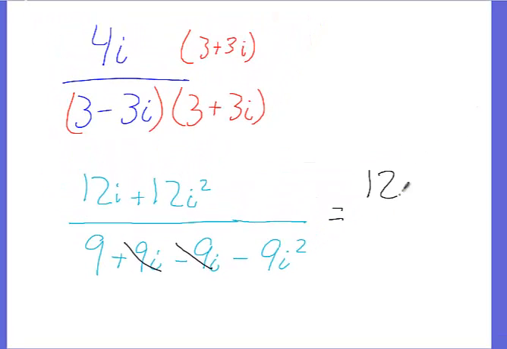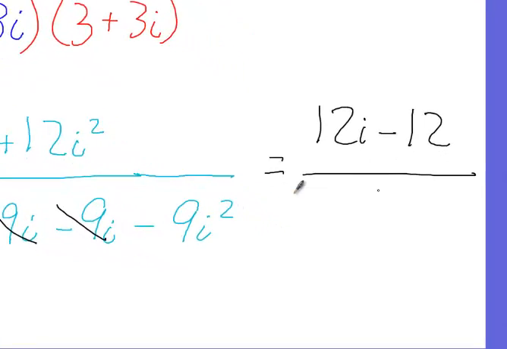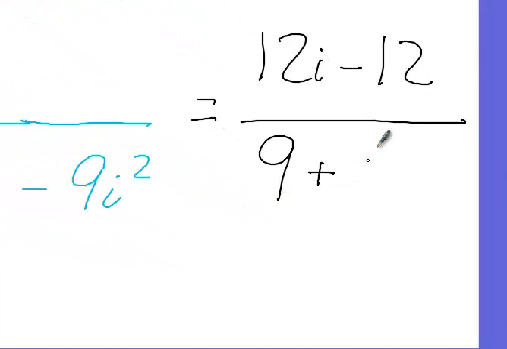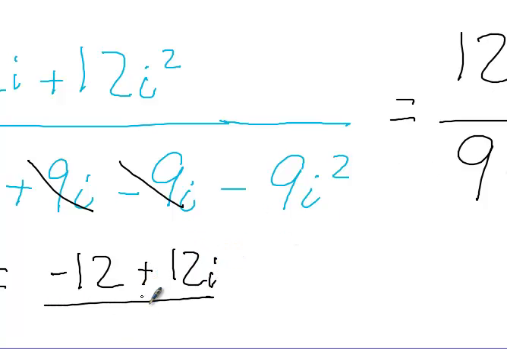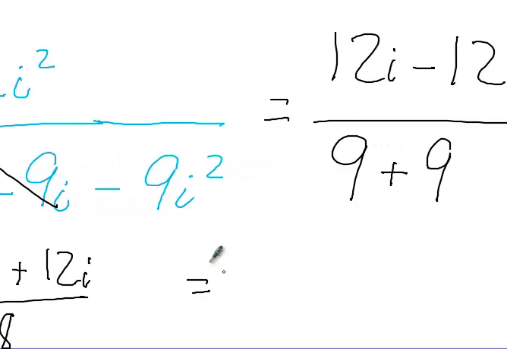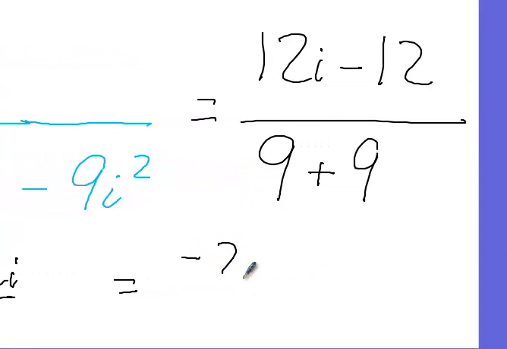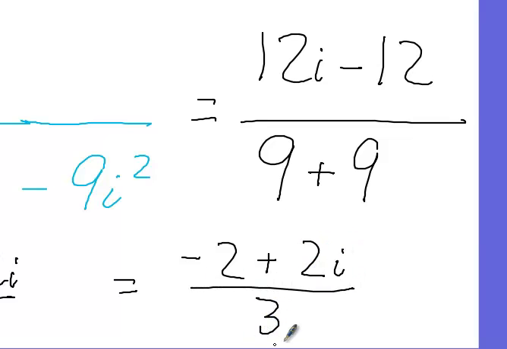This becomes 12i minus 12, because the i squared becomes negative 1, over 9 plus 9, because negative 9i squared is negative 1 times negative 9, which gives us this. I'll just rewrite that. It's going to be negative 12 plus 12i, because we have to write the real number coming first, divided by 18. We can divide everything by a 6. You get negative 2 plus 2i over 3.